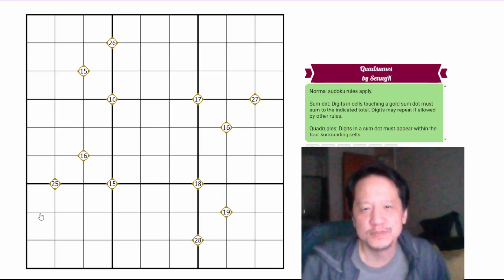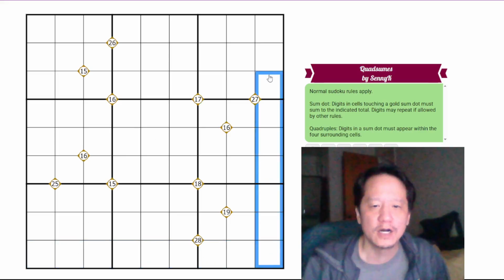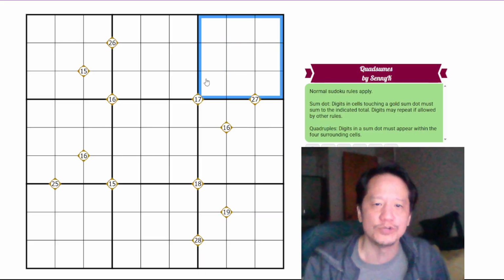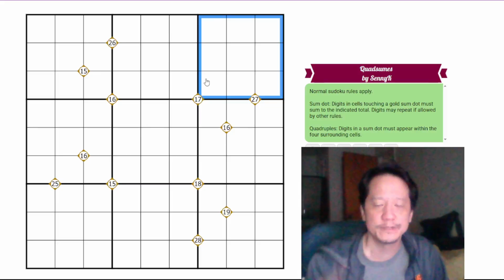Here are the rules. Normal Sudoku rules apply, which means in every cell in the grid, place a single digit such that every row, column, and designated 9-cell region contains the digits 1 through 9 exactly once each.